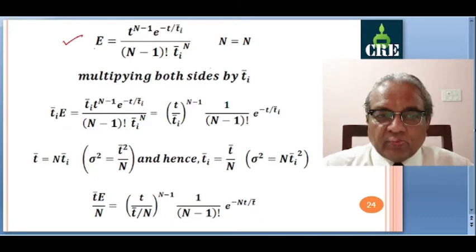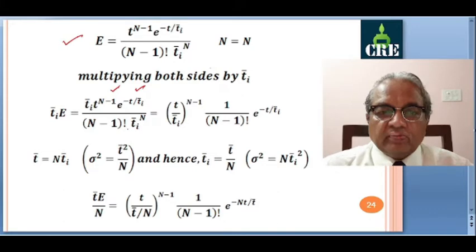So if I multiply by ti bar, I can write ti bar into E. Here you multiply by ti. So t raised to n minus 1, e raised to minus, this term remains as it is, n minus 1 factorial as it is. Here we have ti and here we have ti raised to n.